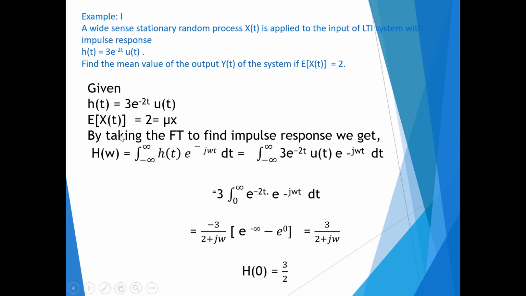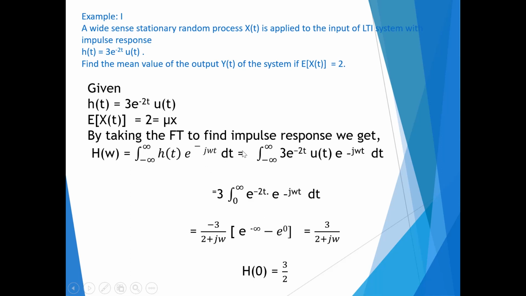Now by taking the Fourier transform to find the frequency response, we get h of omega. We know from the previous equation that it is the Fourier transform of h of t, the integration from minus infinity to infinity of h of t e raised to minus j omega t.